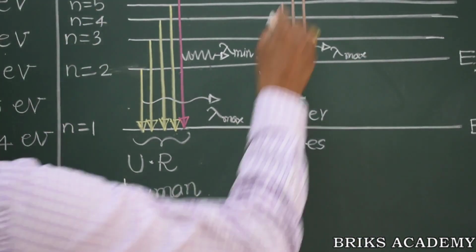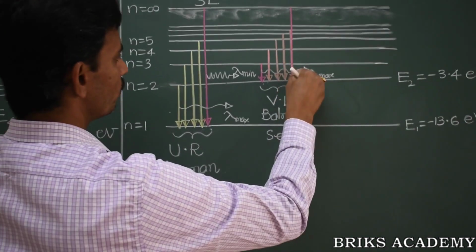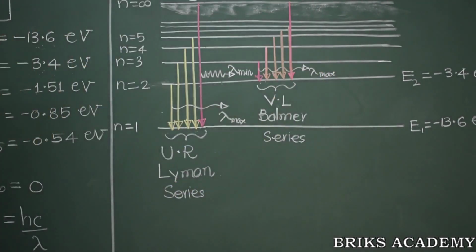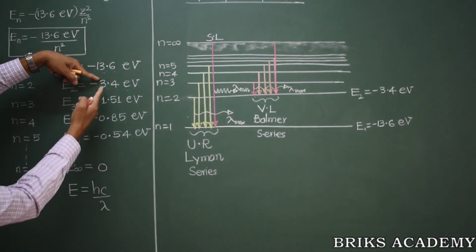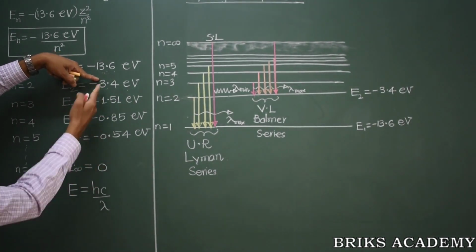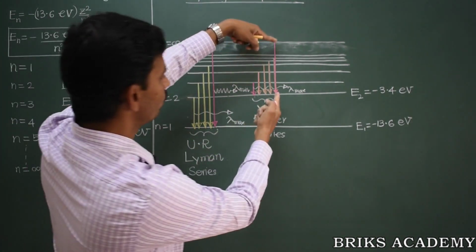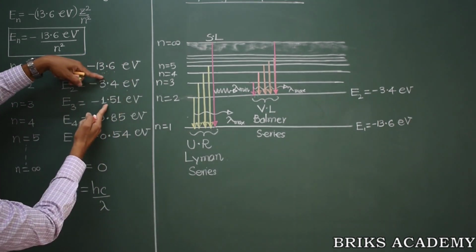Similarly, the transition from n equals infinity to n equals 2 is the biggest transition of that series. The energy difference between 2 and infinity is about 3.4 electron volt, whereas the other one gives slightly under 2 electron volt.